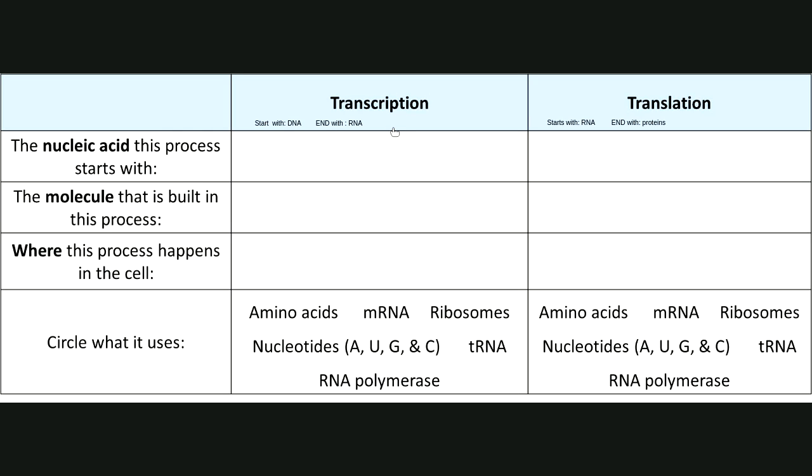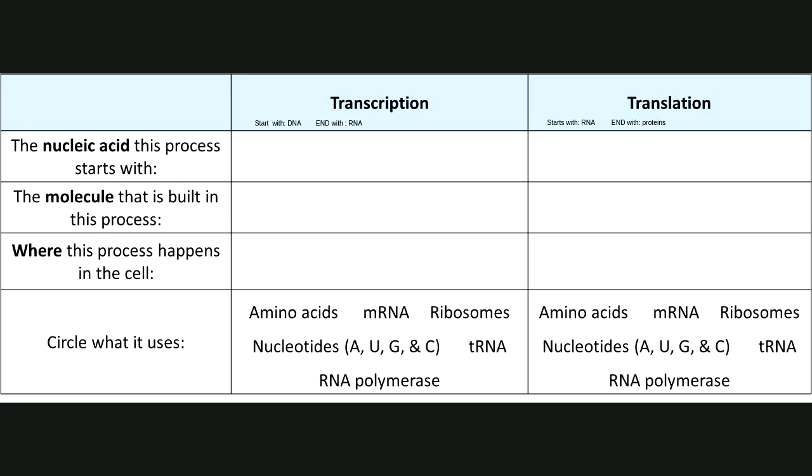So the first thing that we have on our table is it's asking us about the specific nucleic acids that we start with. Remember, nucleic acids are things that end with NA in their name. That's what nucleic acid stands for. So with transcription, we said that we start with DNA, right? So the nucleic acid that I start with is DNA. We said that in its name. So the kind of information that I start with in transcription is DNA.